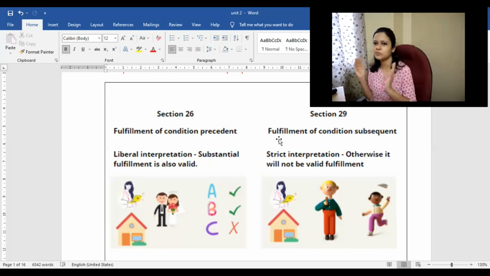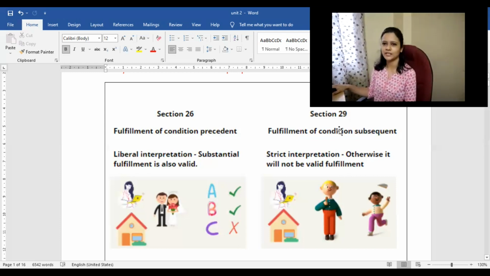But if this person fails to make the payment within the given duration, the owner may say that, no, I can't wait that much, so I'm getting this property transferred to someone else. I'm not registering this property in your name. That may also happen, right? So those are conditions subsequent.